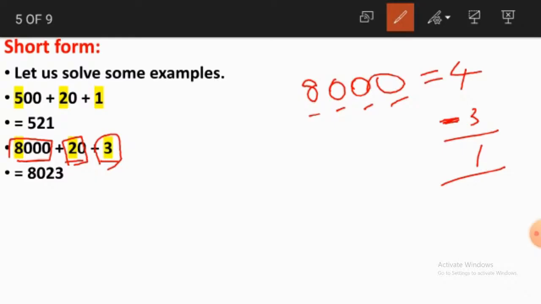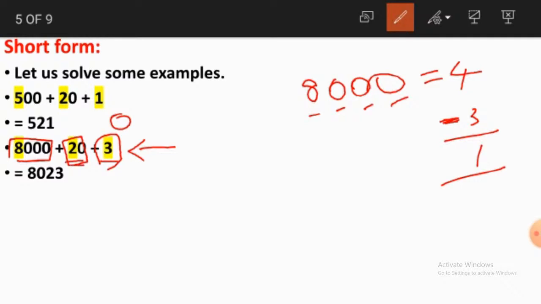Now we have to find out which term is missing. For that we have to write the place values of the terms. We write place values always from the right side. 3 is in which place, children? 3 is in 1's place.